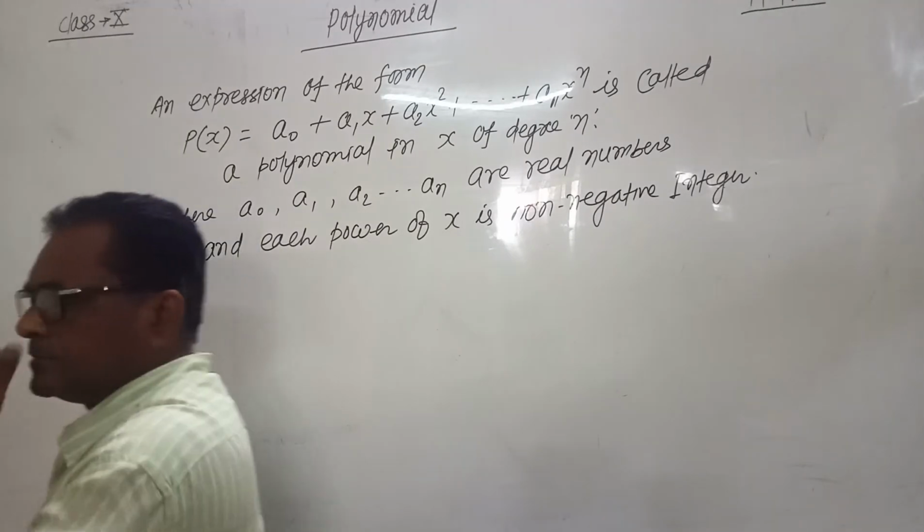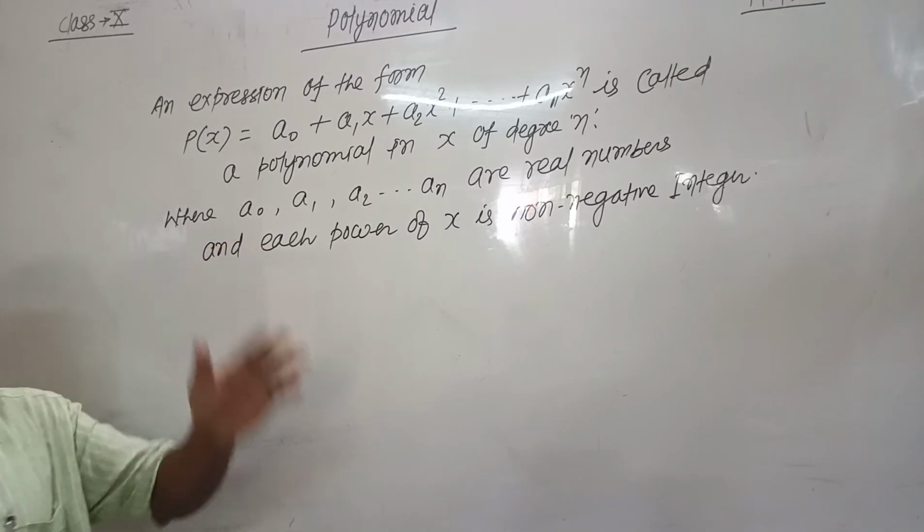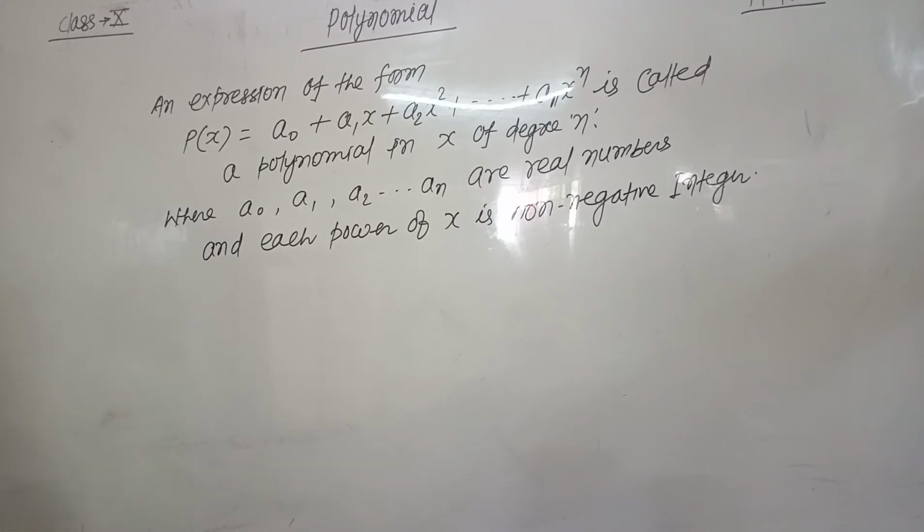So polynomial in x is given by Px, which equals a0 plus a1x plus a2x square plus dash dash an x raised to the power n. This is the polynomial in x of degree n. The degree of this polynomial is n, and a0, a1, a2, an all are real numbers, and the power of x must be a non-negative integer.